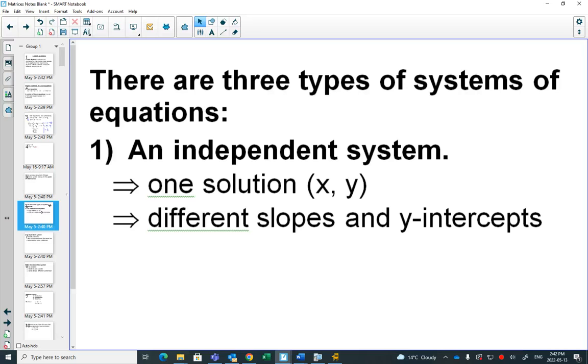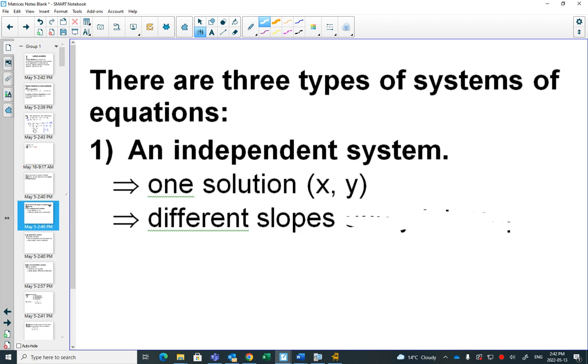In other words, there's only one solution. It's really easy to tell because you would have 2 lines with different slopes. As soon as the slopes are different, it has to cross at one point. They just need different slopes. They could have the same y-intercept, and that just happens to be the point where they intersect.